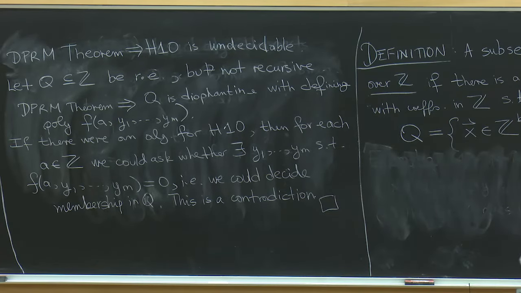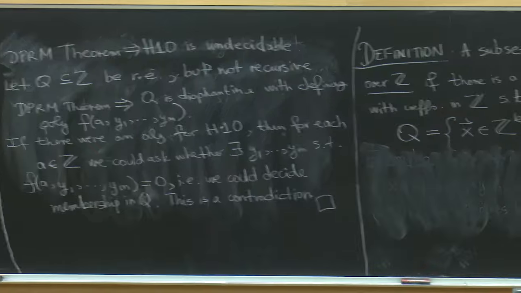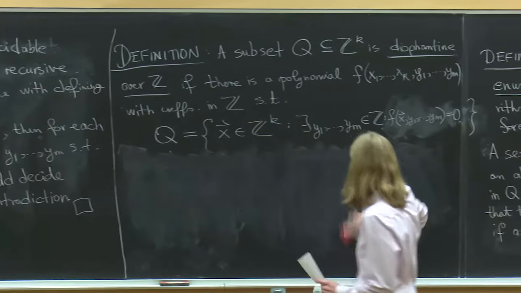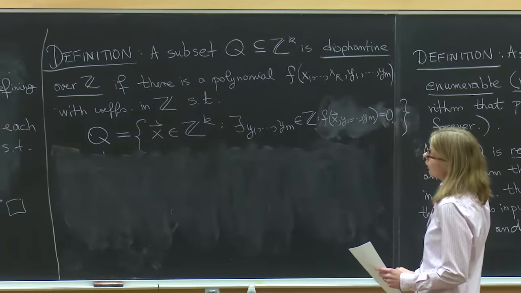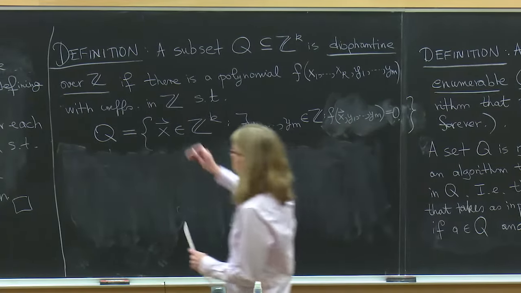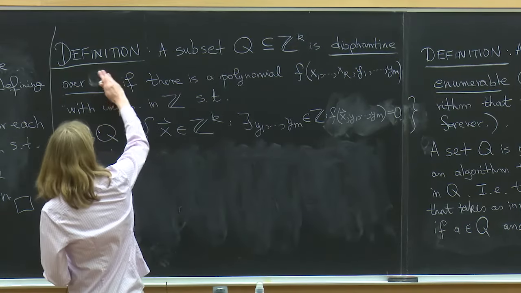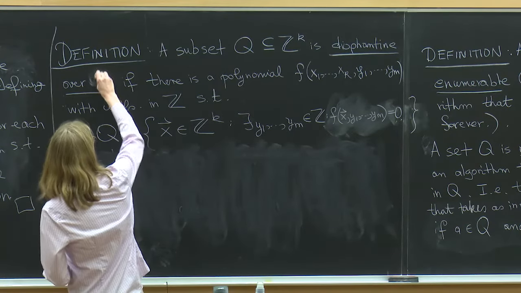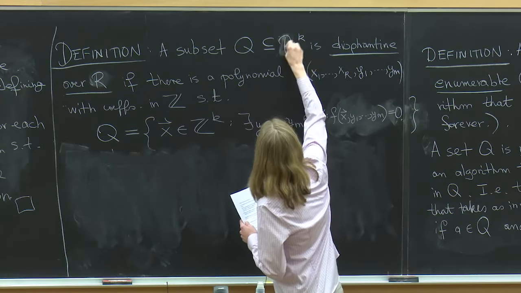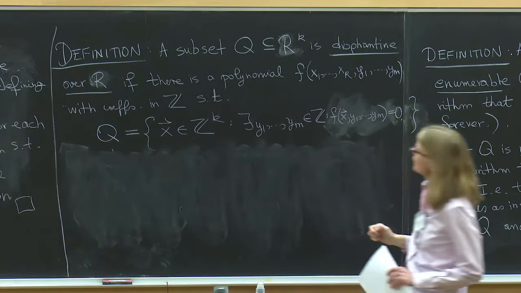The notion that is the key definition here is already on the board. We can certainly extend the definition of being Diophantine also to commutative rings R. So now we take subsets Q of R^K.